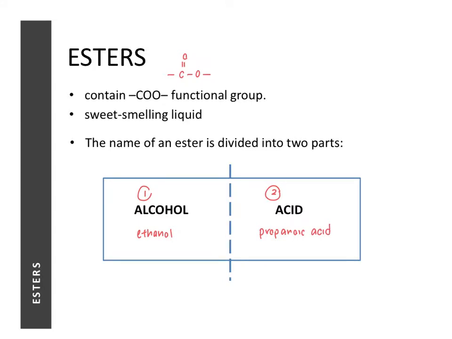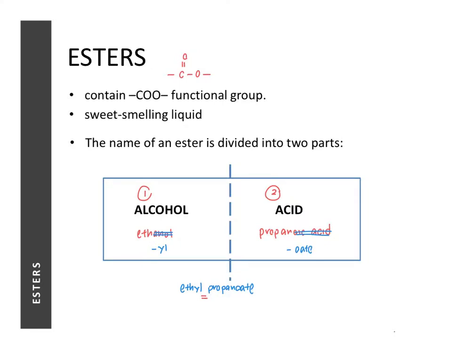We replace the suffix of the alcohol with YL. We replace the suffix of your acid with OATE. Meaning the ester that is formed from ethanol and propanoic acid is given the name ethyl propanoate. Take note that there is a space, a blank, between ethyl and propanoate.